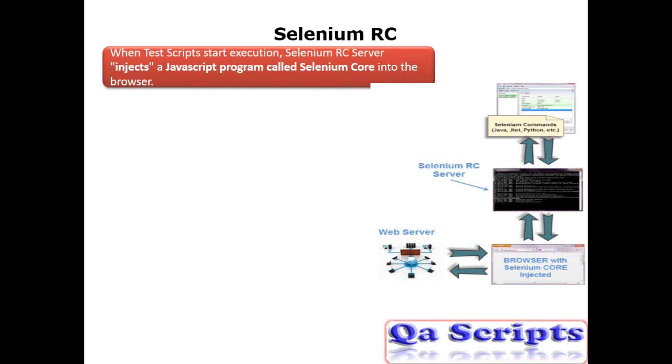When scripts start execution, the Selenium RC server injects a JavaScript program called Selenium core into the browser. In the sense, this RC will inject a JavaScript program into the browser.